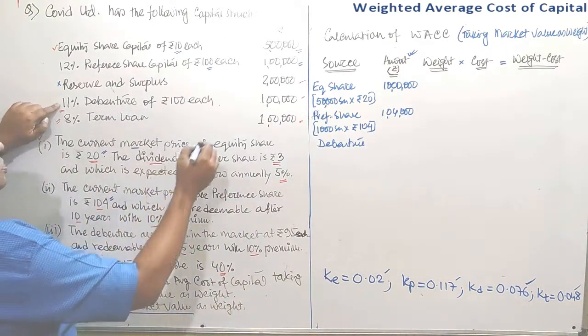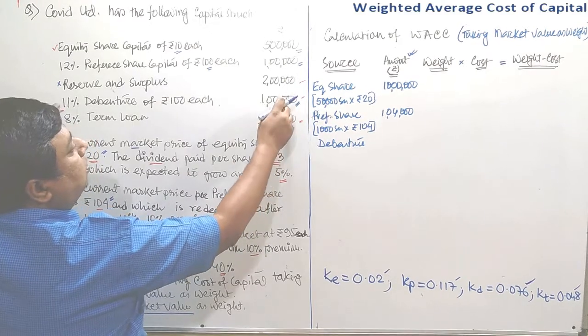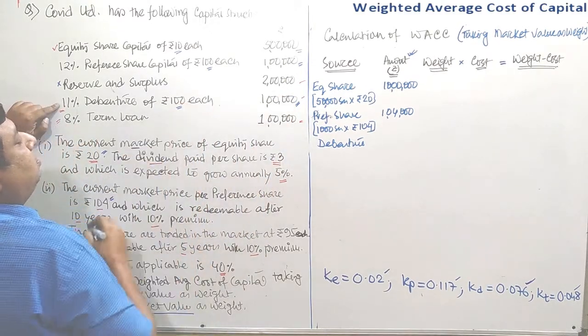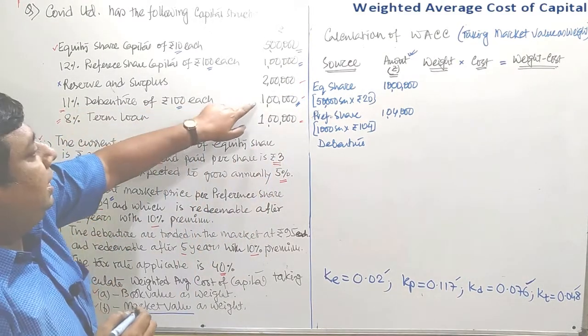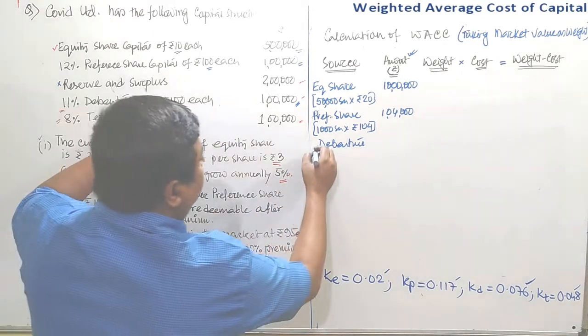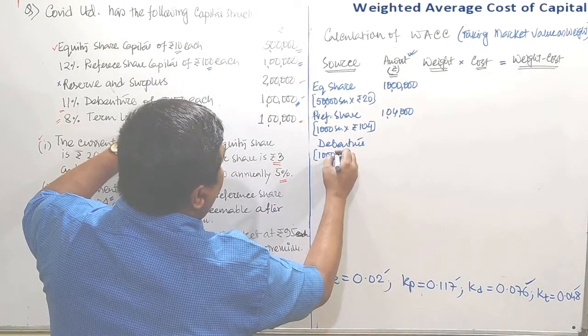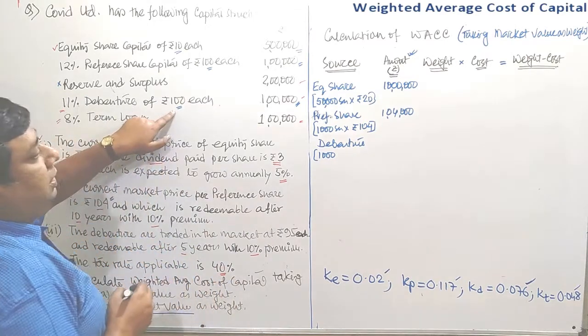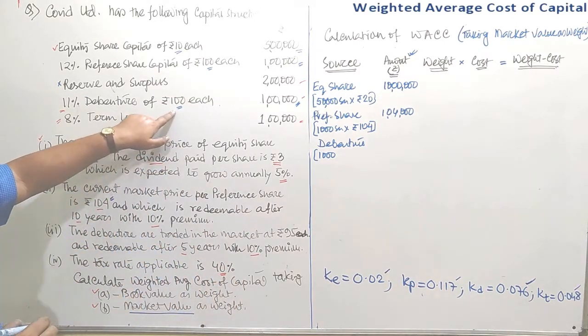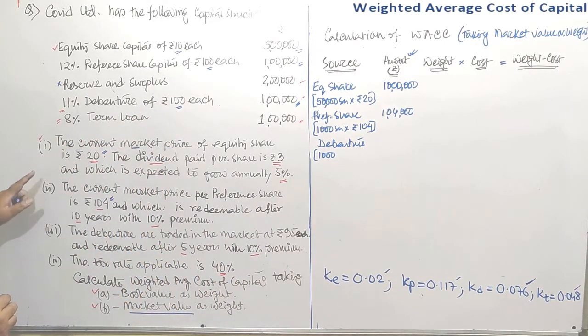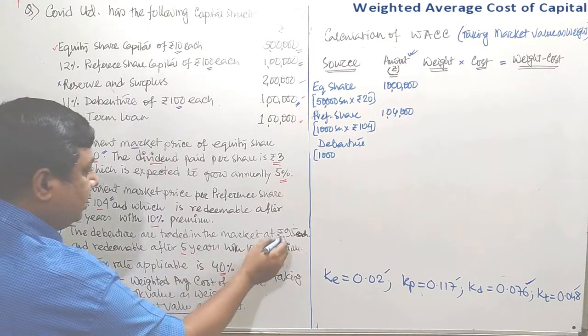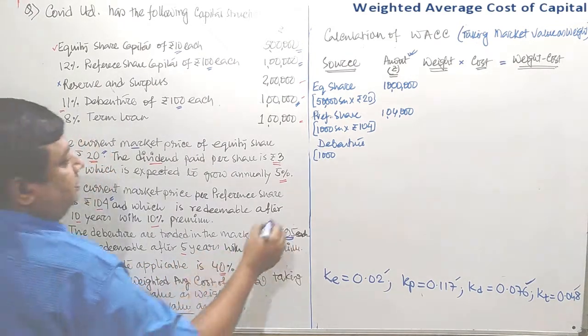In case of debenture also, the book value of debenture is 1 lakh and the price per debenture is 100. Then 1 lakh divided by 100, here also we get 1000 debentures. Now those 1000 debentures are traded in the market at a price of 95.